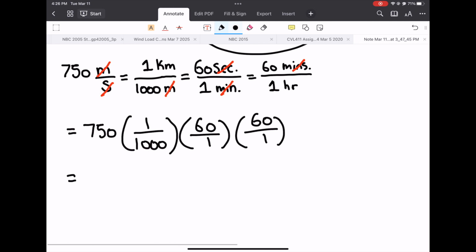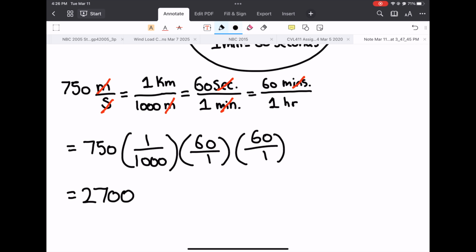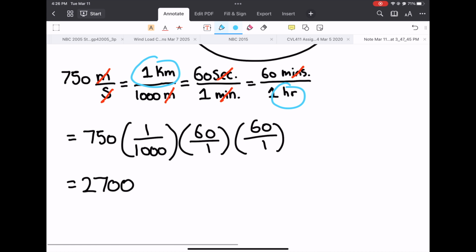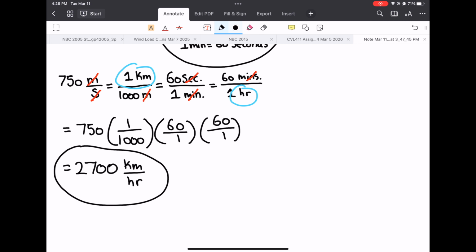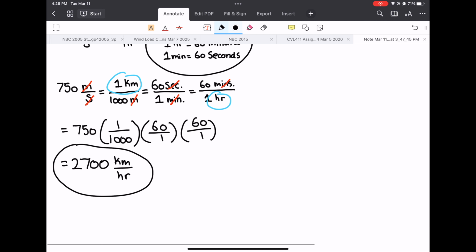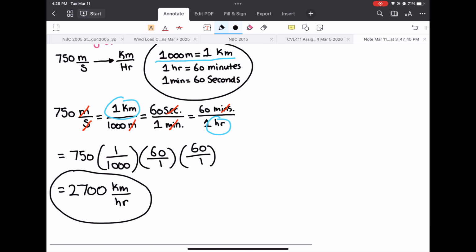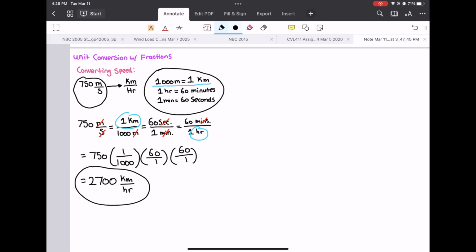And the answer should be 2,700. All these units cancel, and we're left with kilometers at the top and hours at the bottom, and this is our answer. 2,700 kilometers per hour is the same as 750 meters per second.